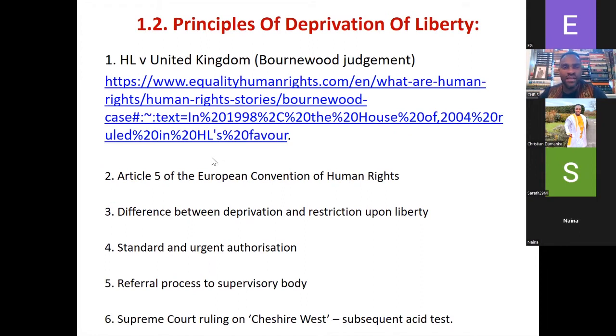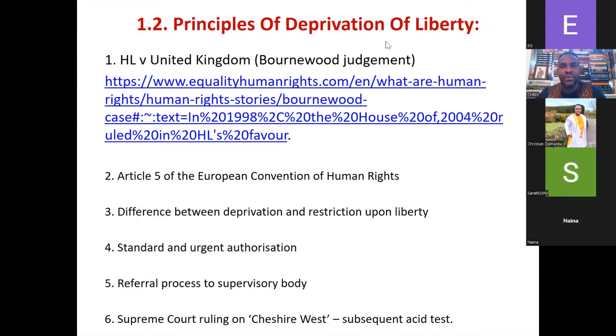We also started looking at the principles of deprivation of liberty, the principles that govern or that form the basis of taking a service user or an individual's rights and freedom legally, the principles that govern how that is done.